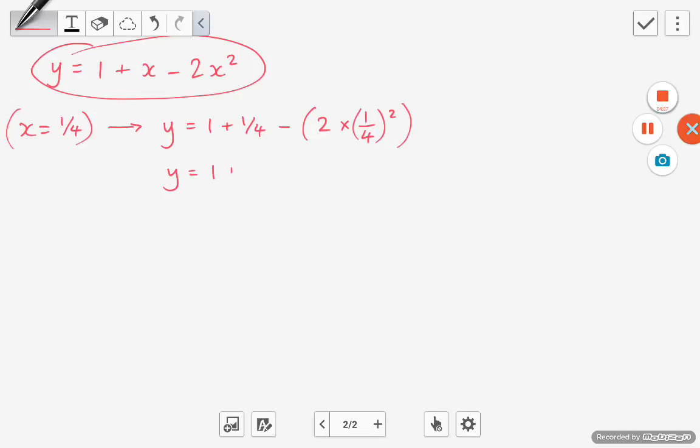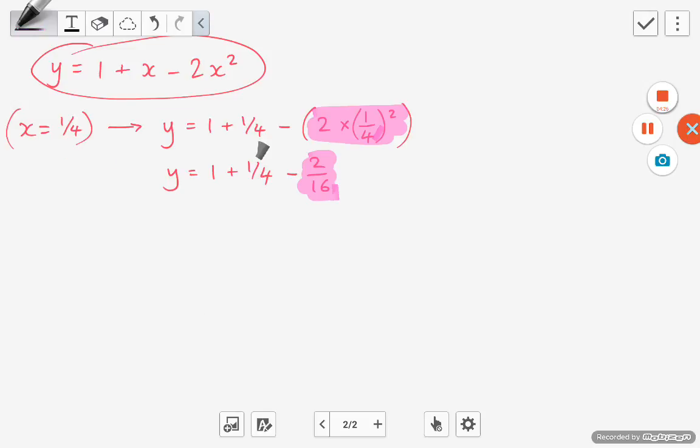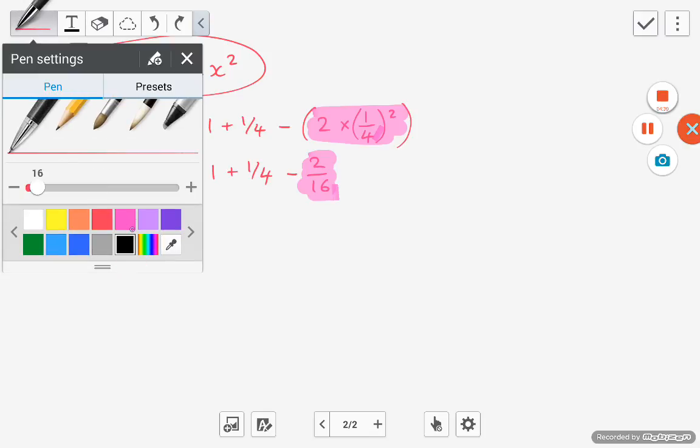Now that's 1 plus a quarter minus 2/16. So just to make that clear, that bit there would give us 2/16. So we'd obviously turn the quarter into 16ths.